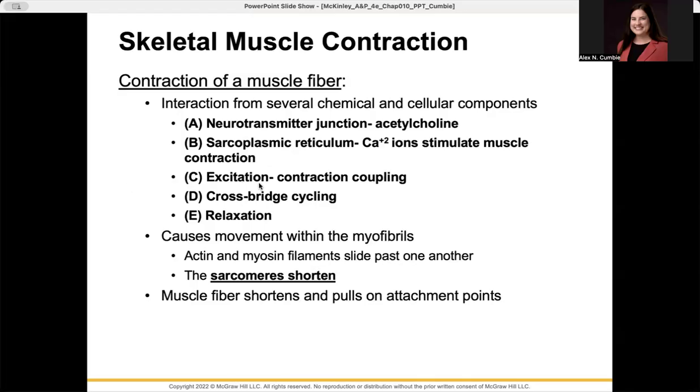Next, we go to an excitation phase where we have excitation-contraction coupling, meaning those fibers are going to come together. We have something called cross-bridge cycling, which we'll go into more, where they go across each other and do an action. And then when that whole muscle contraction is finished, we will go through some of the process for relaxation of that fiber again.